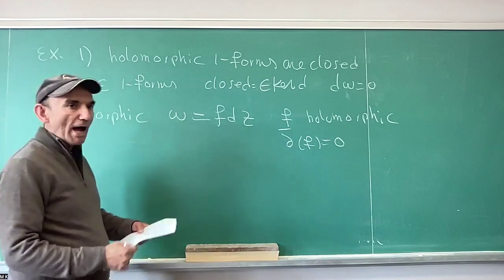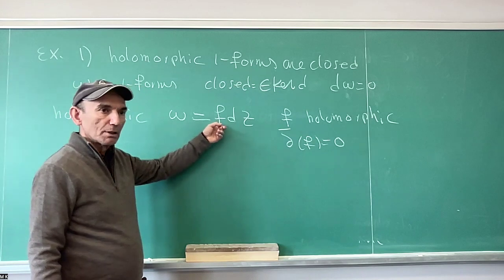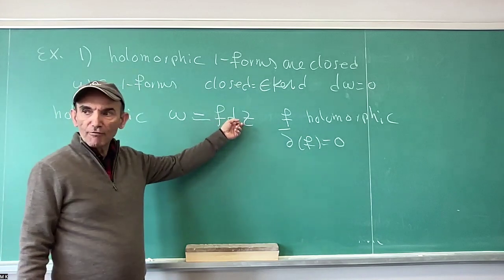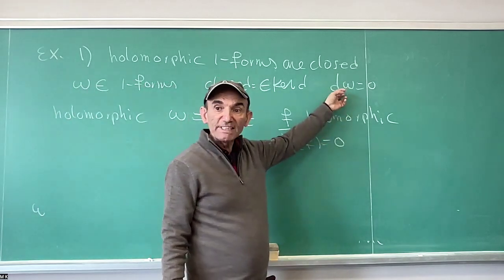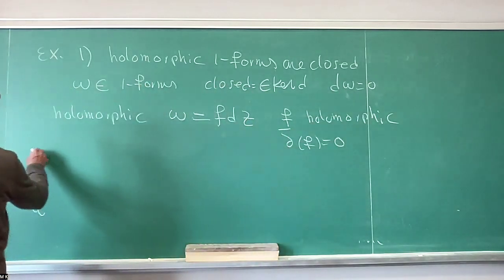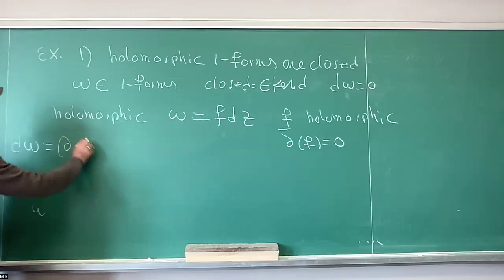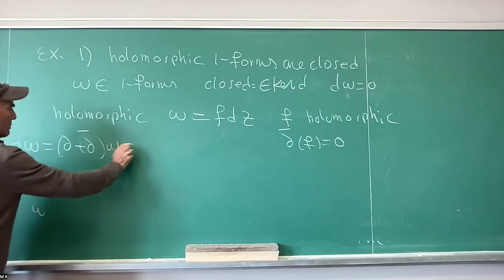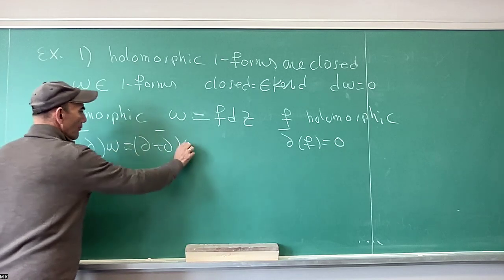Okay, so you have a one form of the following form: a holomorphic function times a one form dz. Now we want to show that this is in the kernel of D, but we know what D is. D is del plus del bar, right? So let's compute D of omega. This is del plus del bar of f dz.